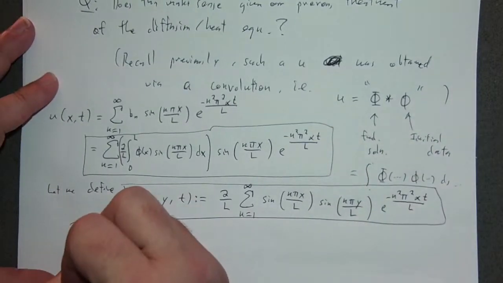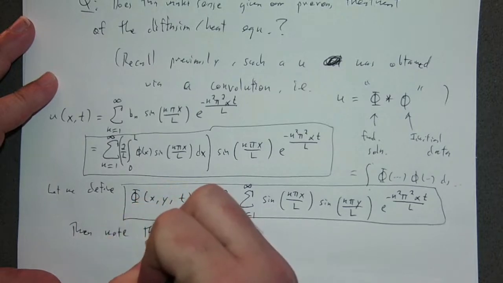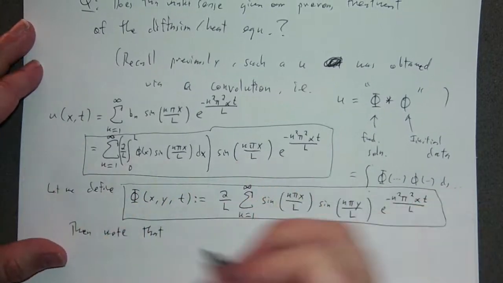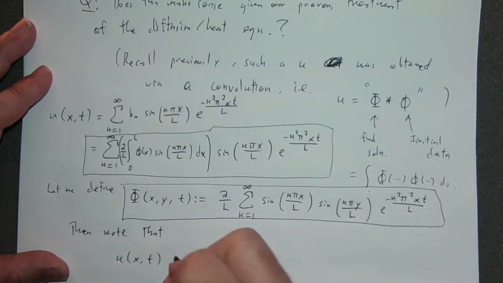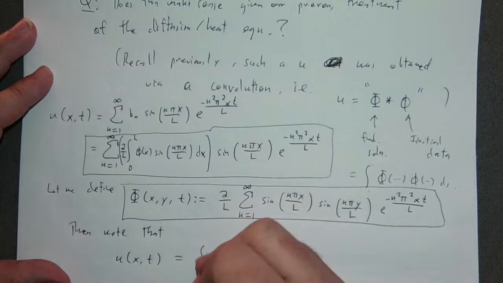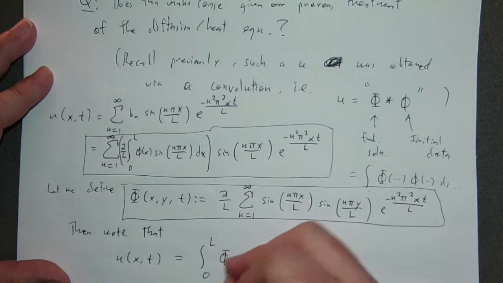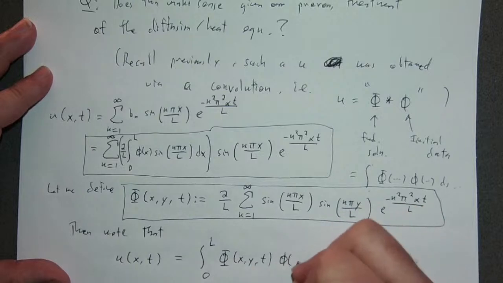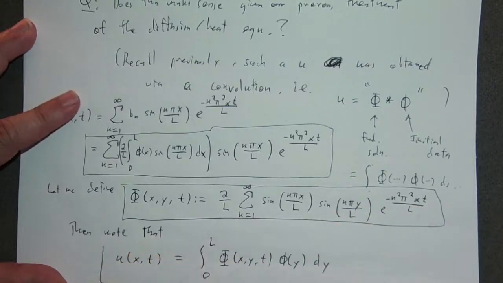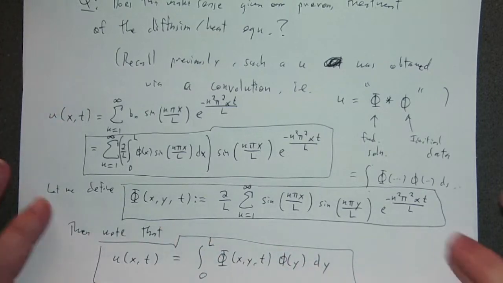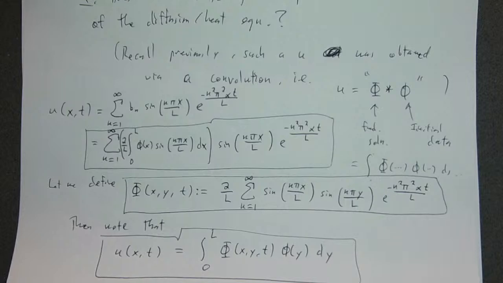Then note that the u of x, t that we wrote down right here can be written as the integral from 0 to L of big phi of x, y, t, phi of y, dy. So this big phi was not just given to us from the sky like the heat kernel was.